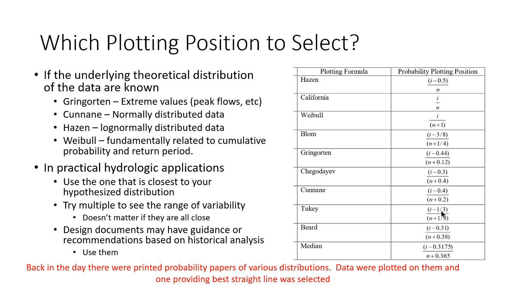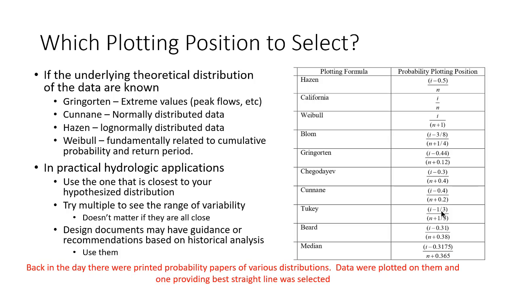So, for example, if I had a Weibull probability paper, and I fit my data to the Weibull plotting position, and then I plotted them as y and x, then what I would see is a straight line. If I took the same data and plotted it on a normal distribution paper or a log normal distribution paper, it would come out looking curved, which would tell us that it's not from this distribution. So that's the genesis, or the idea behind plotting positions.